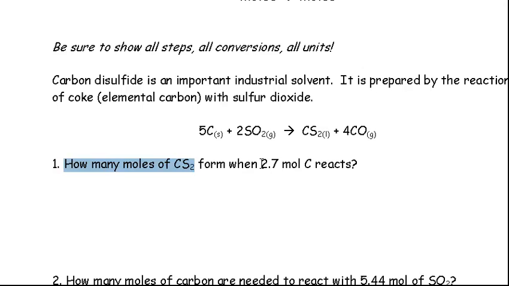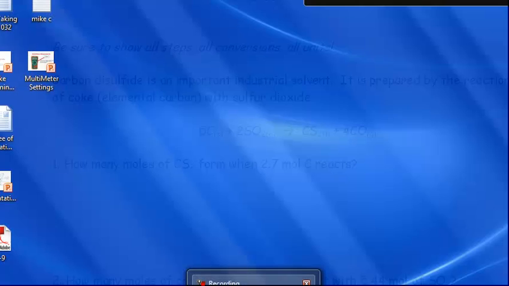So you're essentially going to take 2.7 moles of carbon and multiply by 1/5. And again, if we keep our critical thinking caps on, I think you can see that makes perfect sense, because there is a 5-to-1 ratio. For every 5 moles of carbon, you're only going to get 1 mole of carbon disulfide out. So it all makes good sense.